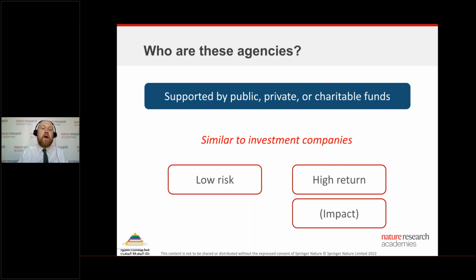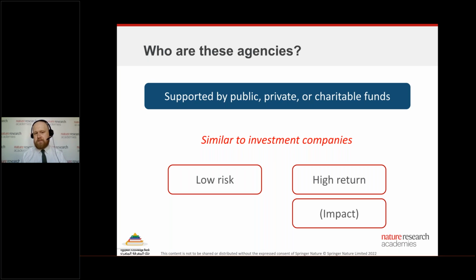They want projects that are likely to succeed. Of course, they don't want to waste their money. And remember, funding agencies are often going to be supported by the public or private companies or perhaps charitable funds, and therefore they need to be careful how they use their money.